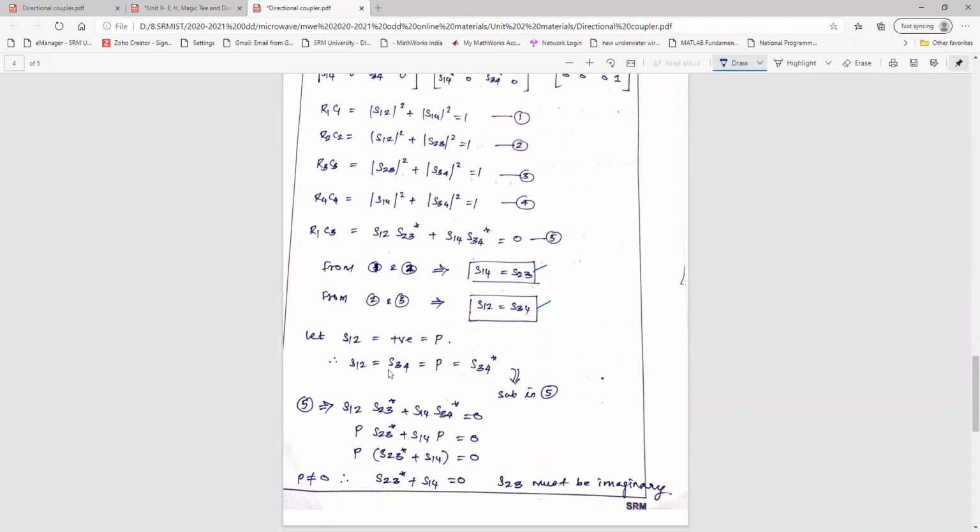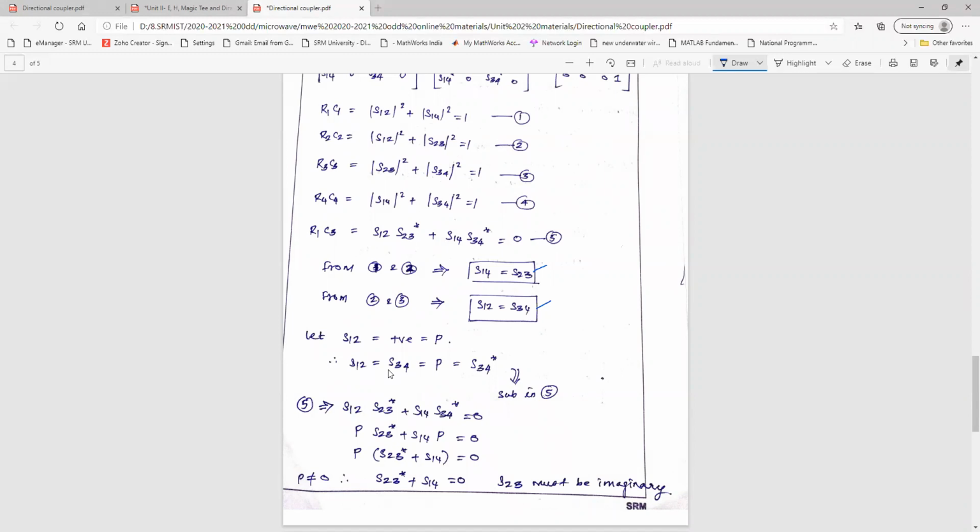Substituting that in equation 5, I can write S12 as positive component P, and S23 star plus S14 multiplied by P. Taking P commonly out, I can write P into (S23 star plus S14) equal to 0. Here P is not equal to 0, so definitely this bracket should be equal to 0.